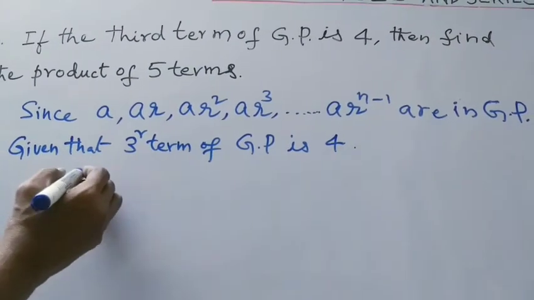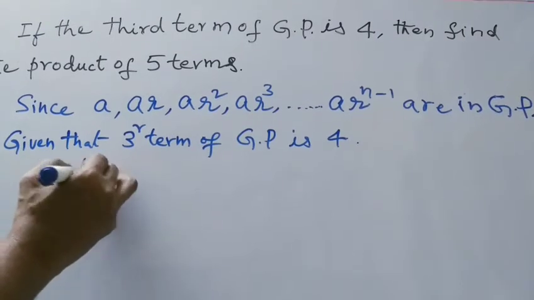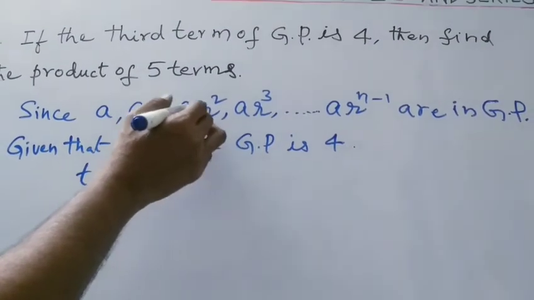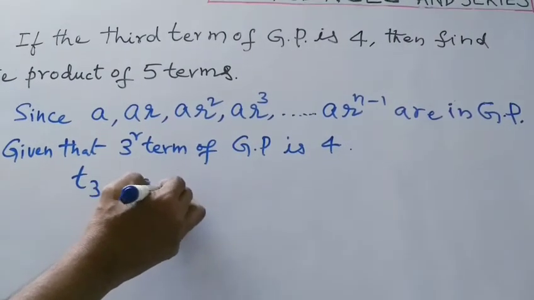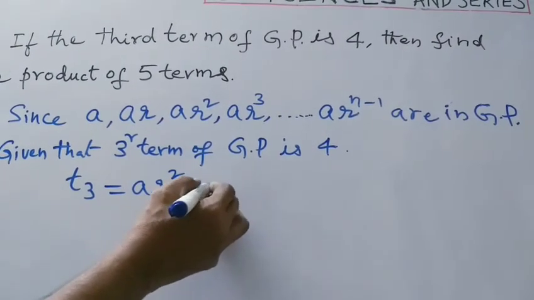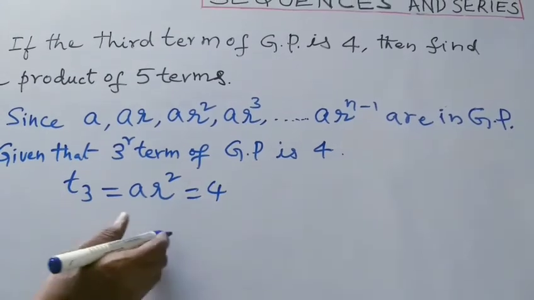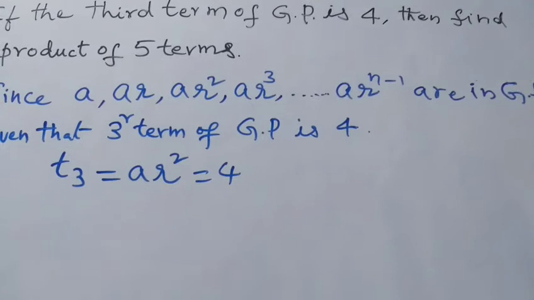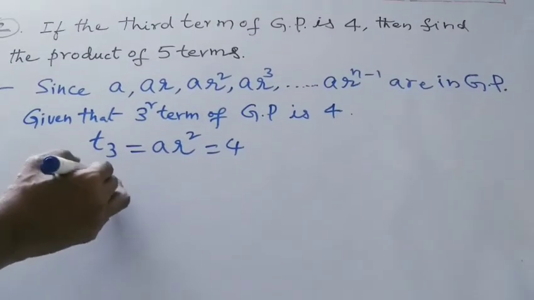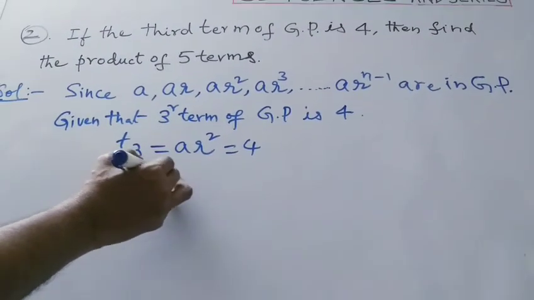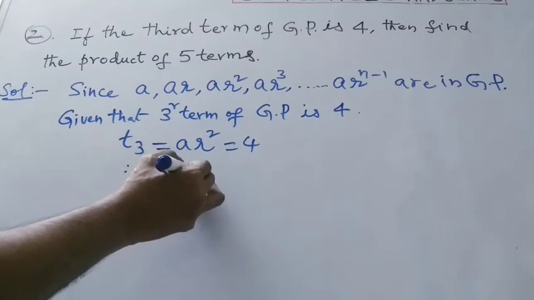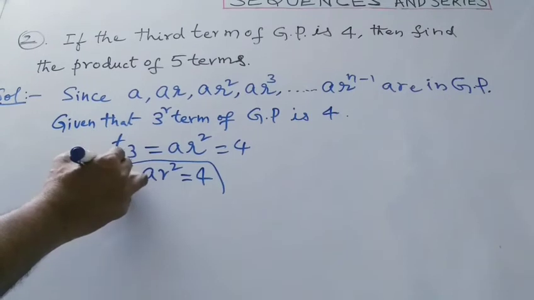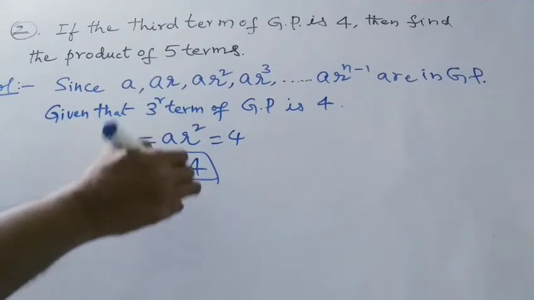That means here T3, term 3, T3 is equal to AR square. AR square is equal to 4. 4 is given. Therefore, AR square is equal to 4. It is given in the problem.